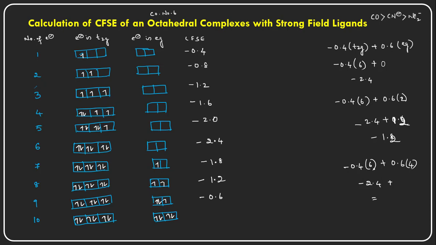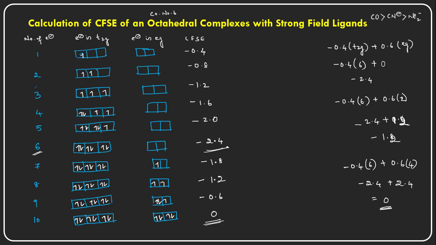So minus 0.4 into 6 will be minus 2.4, and plus 0.6 into 4 will be plus 2.4. So minus 2.4 and plus 2.4 gives the crystal field stabilization energy as 0. So for 10 electrons it will be 0, and for 6 electrons it will be the maximum crystal field stabilization energy for octahedral complexes with strong field ligands.